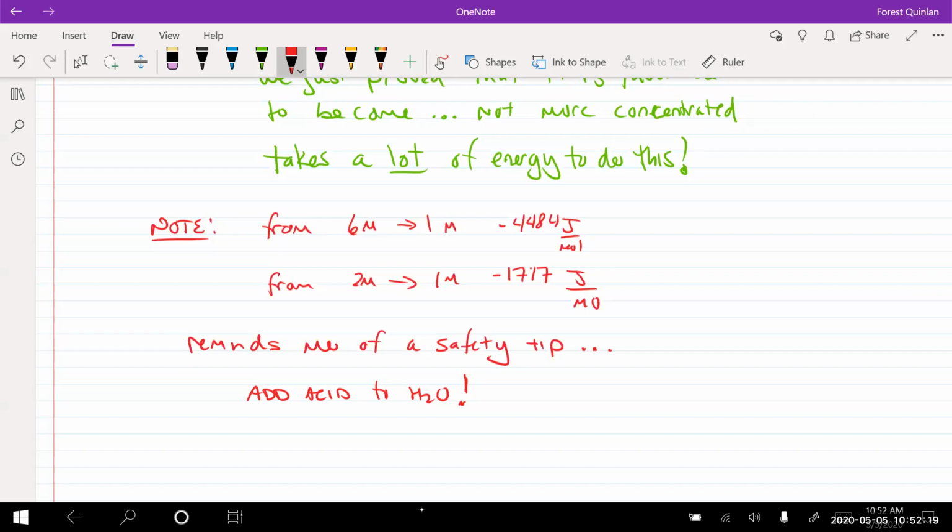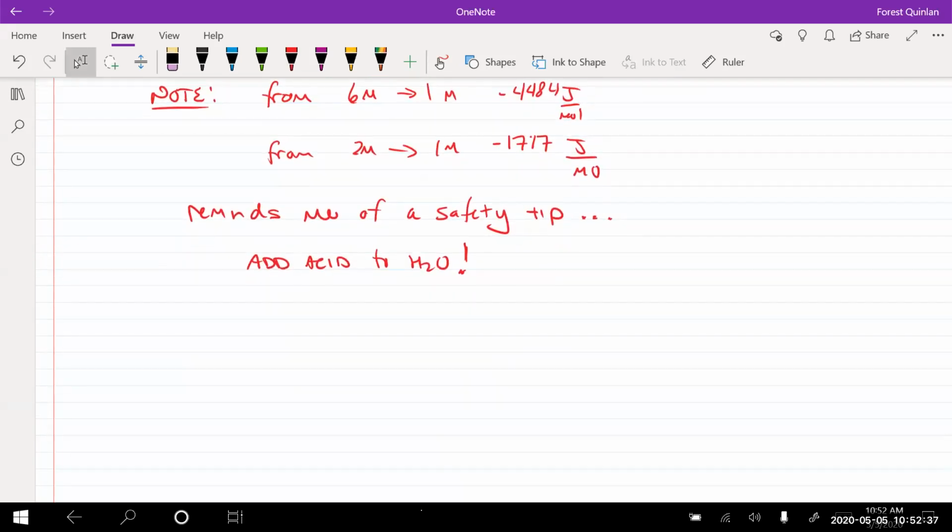You're going 2 to 1, right? God forbid you go from 12.1 down to just pure water. You're going from 12 molar down to, you name it, like 0.001. Holy cow. In fact, let's do it. Dallas, get it to me.